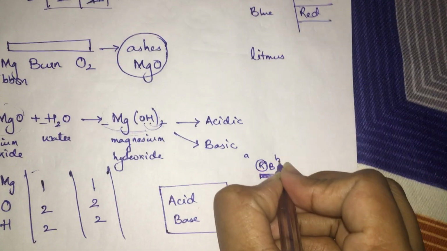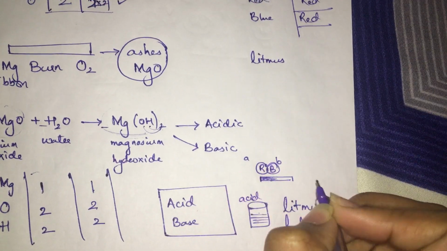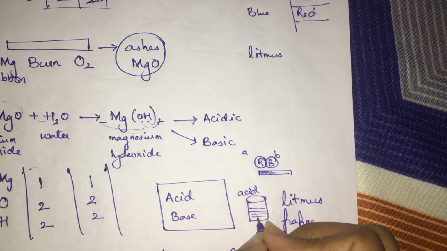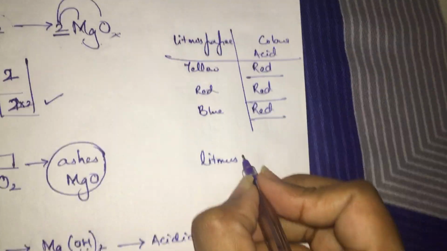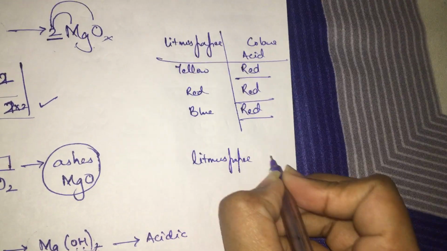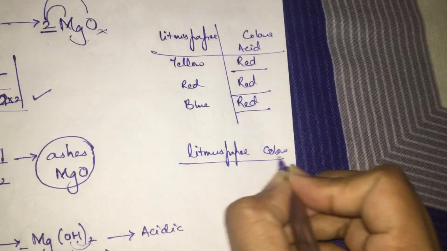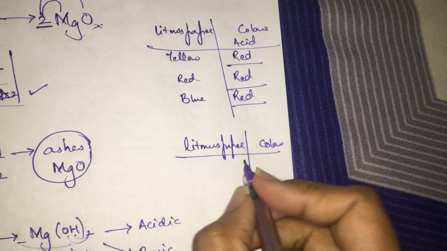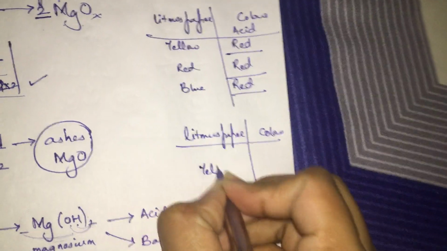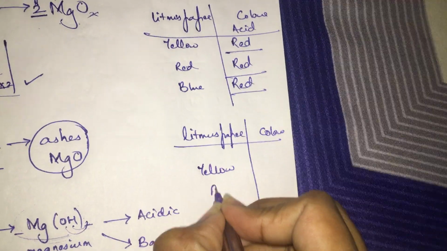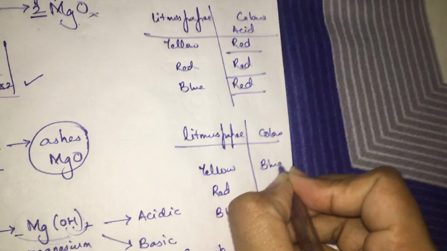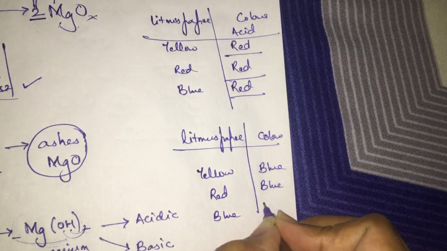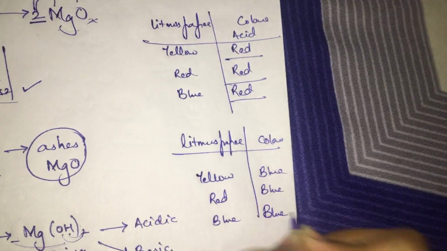If it is blue, then this liquid is a base. It is not acidic in nature. So checking for the base now: yellow litmus paper, be it red litmus paper or a blue litmus paper, all of them will turn to blue color.